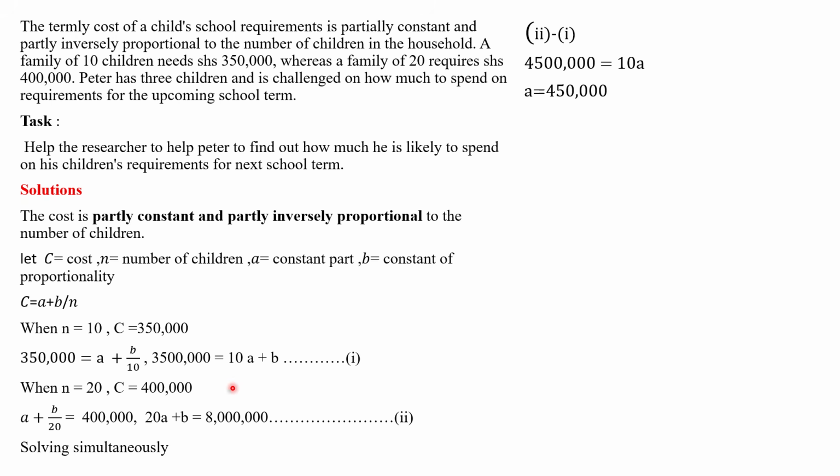And then B minus B, I get 0. Then I get 8 millions minus 3.5 millions, I get 4.5 millions, or 4 millions and 500,000. Then divide by 10 on both sides, I get my A as 450,000.